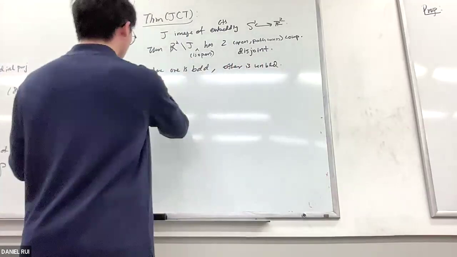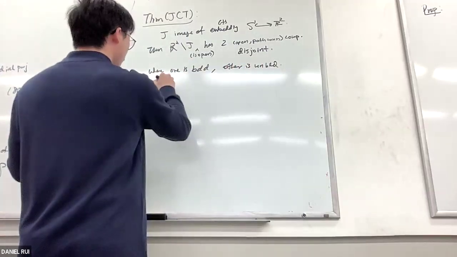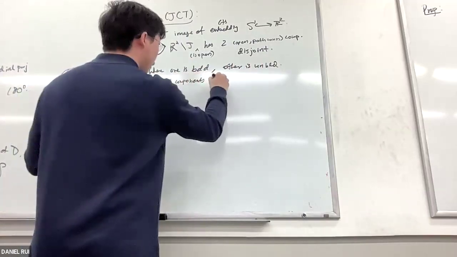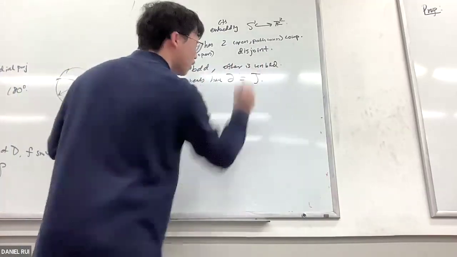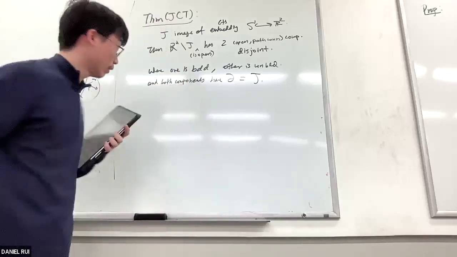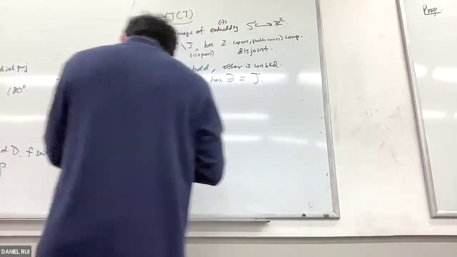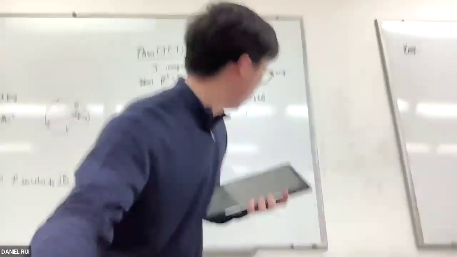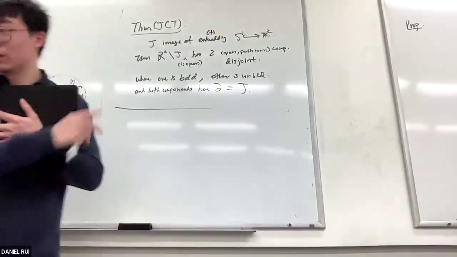And furthermore, both components have boundary precisely equal to J. Now, before I do this, does the theorem make sense?